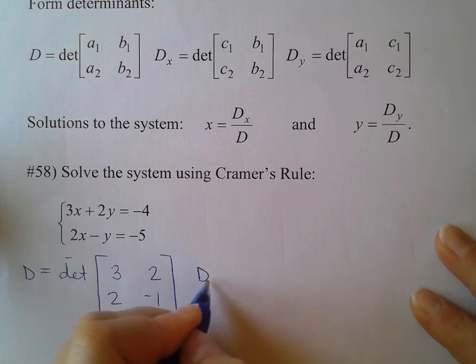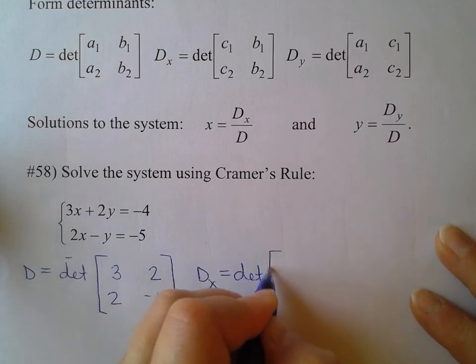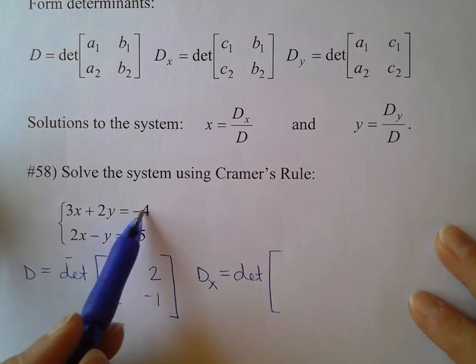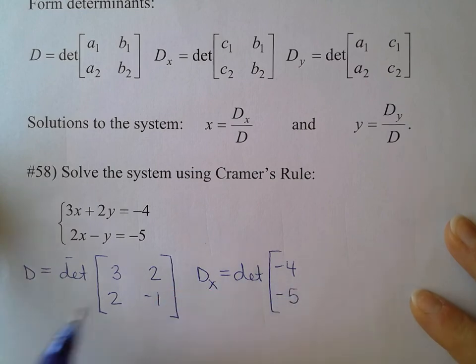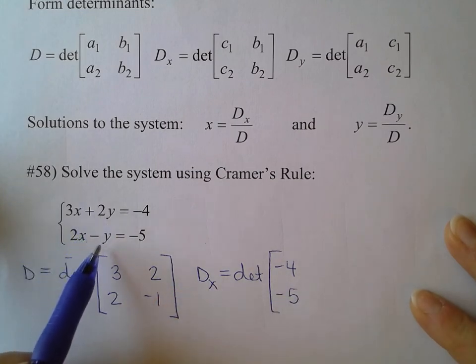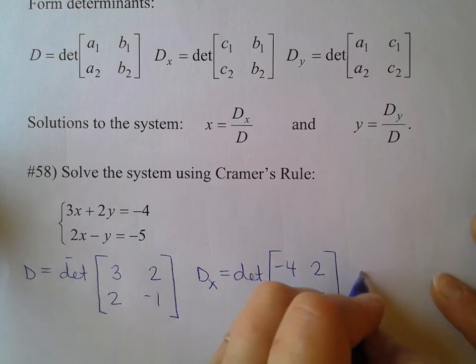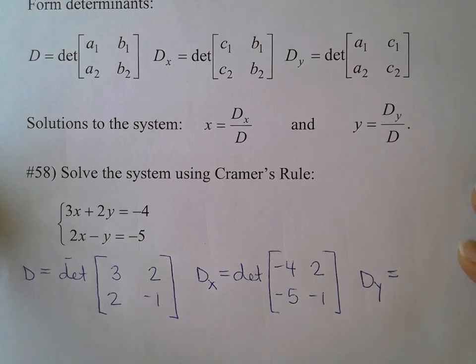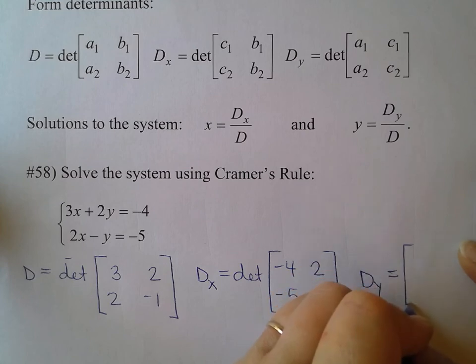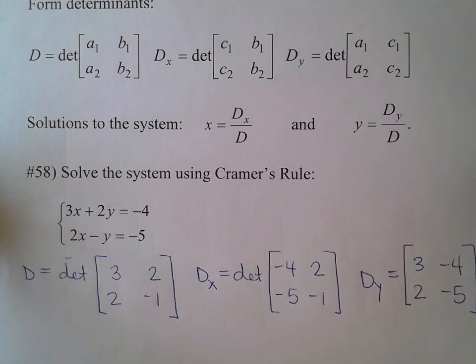The determinant with regards to x will be C1, C2, and then B1, B2, and then the determinant with regards to y will be A1, A2, and C1, C2.